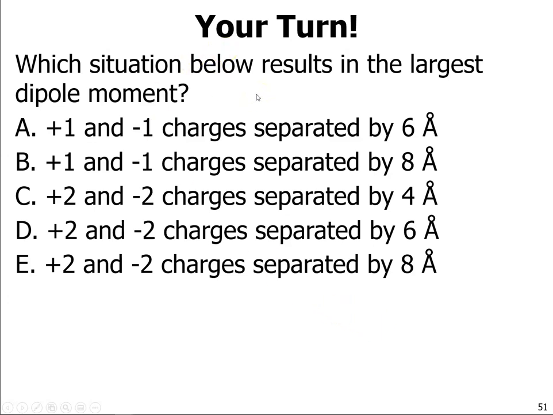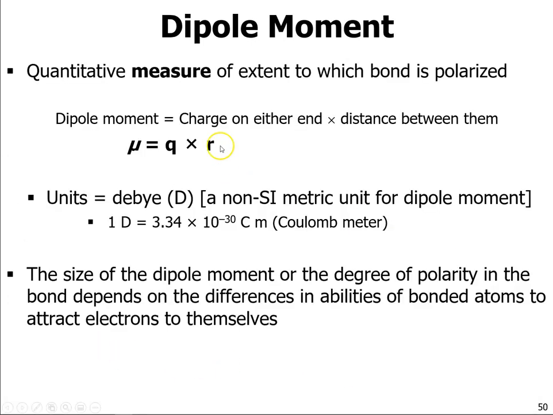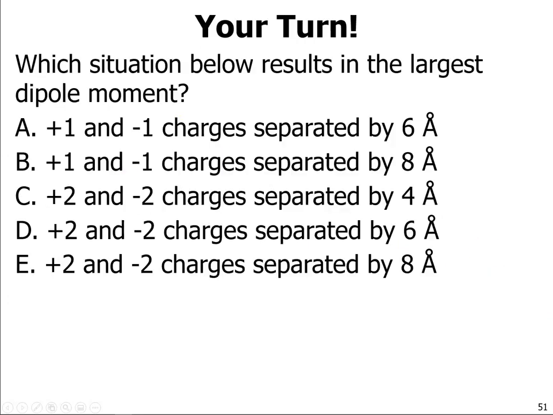Based off of what I told you about the dipole moment, which situation below results in the largest dipole moment? You should have looked at the biggest Q value, or the biggest charge, multiplied by the distance between the two charges. The distance is separated in angstroms. It's a really tiny unit, but this is the closest distance. These are the two biggest charges.